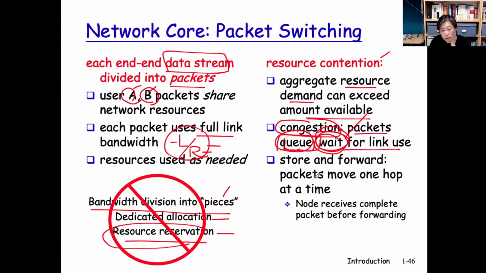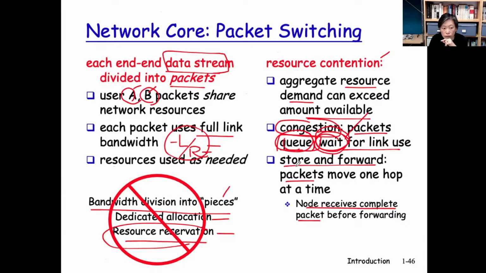This one is a little bit subtle. In a packet switching network, there's no circuit being established. The way we send a packet is that you forward it out on the link. The next router will need to pick up everything, so you need to wait until the entire packet is received. The next router will need to receive the complete packet before it can further forward the packet.